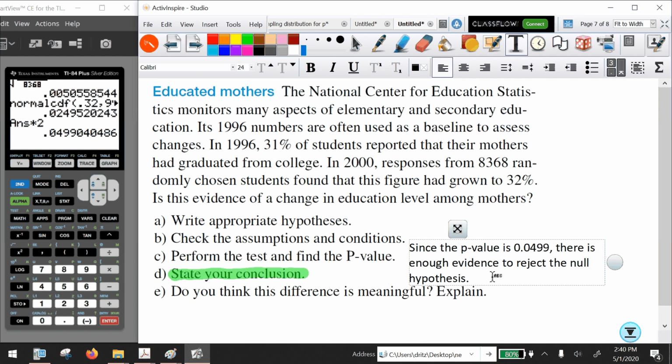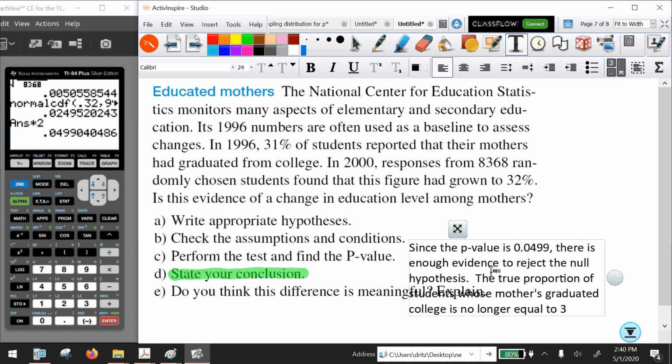Meaning that the true proportion of students whose mothers graduated college is no longer equal to 31%.